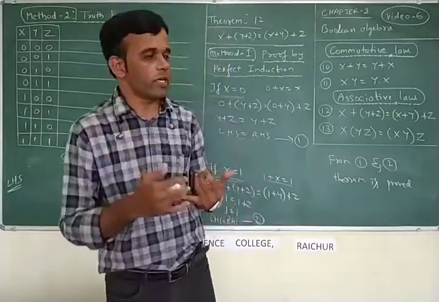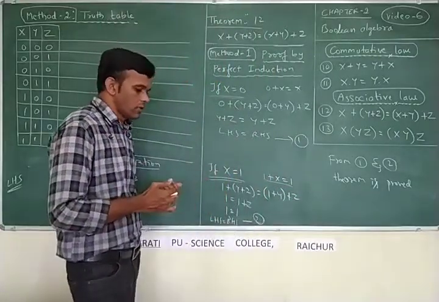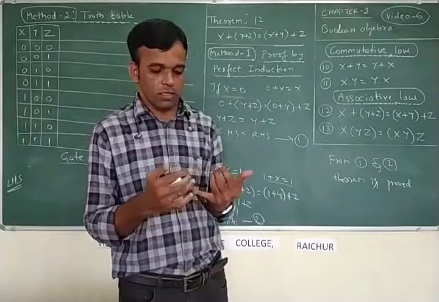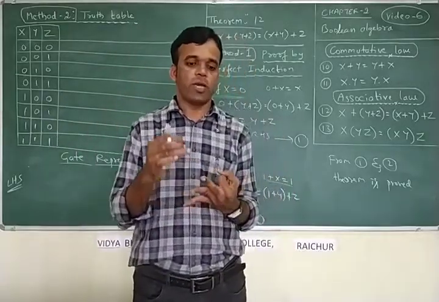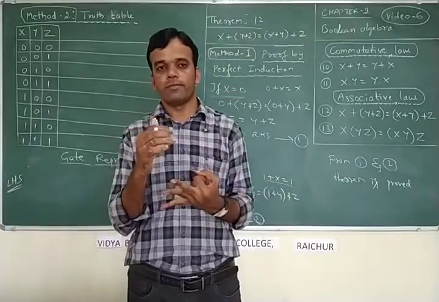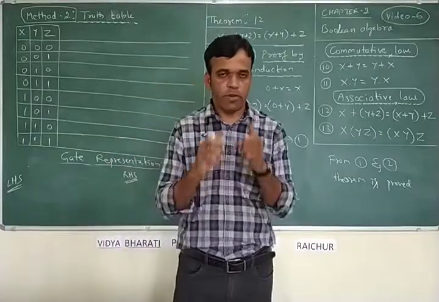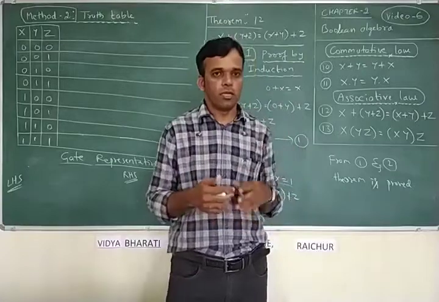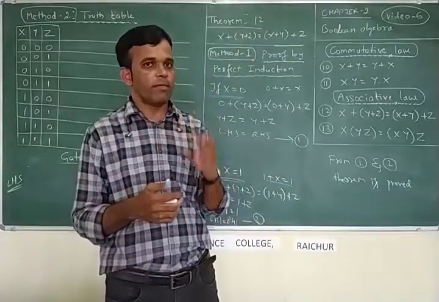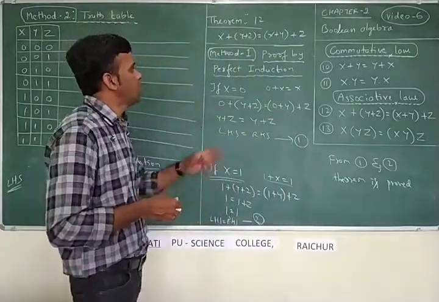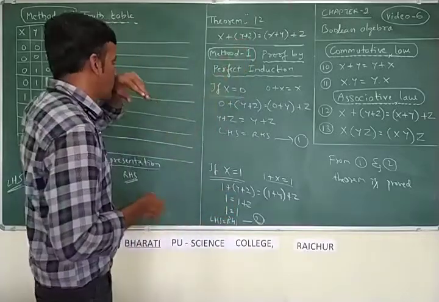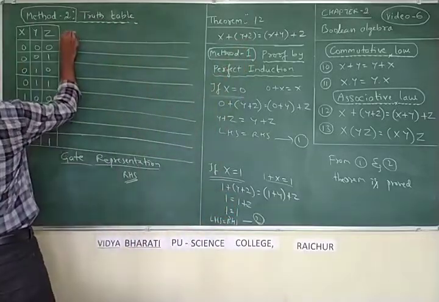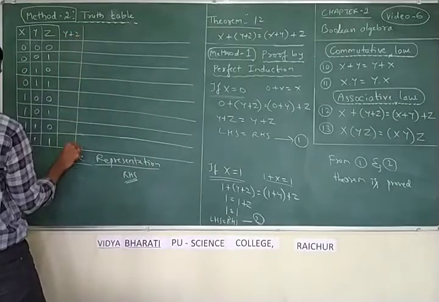If we don't have a NOT operator, then the priority is for the AND operation. Lastly we have priority for the OR operation. If brackets are there, we have to consider the part of the expression within the bracket. So here we will consider y plus z first because of the bracket. So we will write that as y plus z.